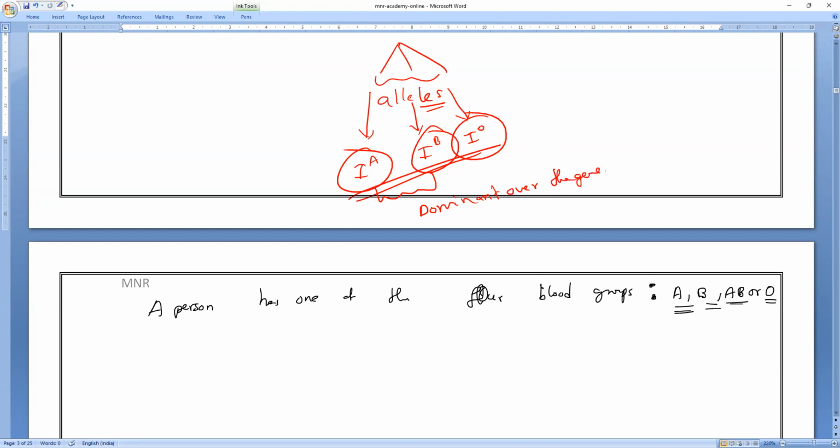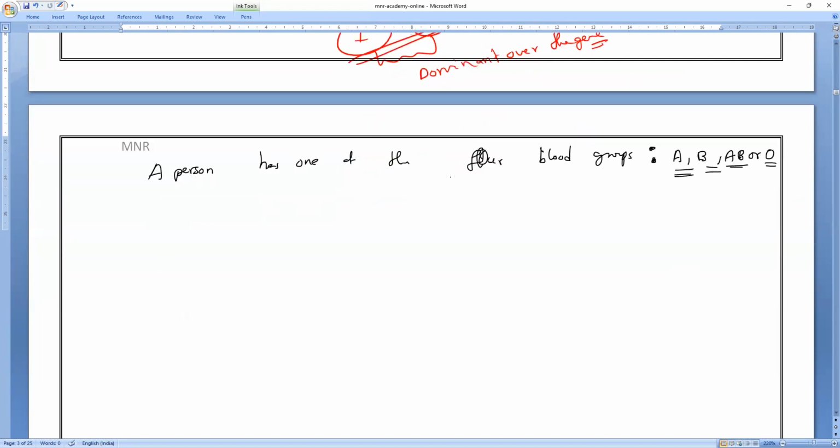IA and IB are dominant, and IO is recessive in relation to IA as well as IB. So directly, A group and B group, are they dominant or recessive? Dominant.